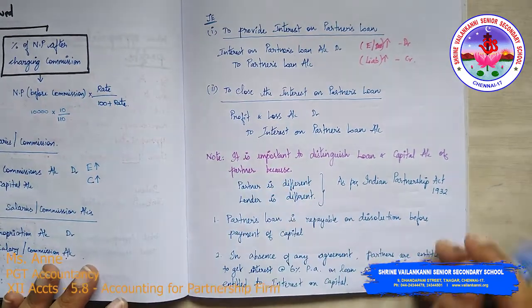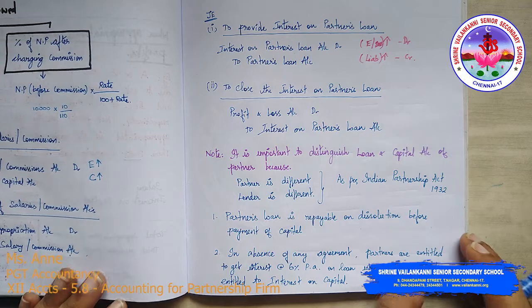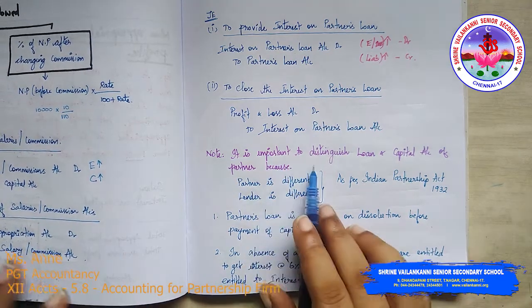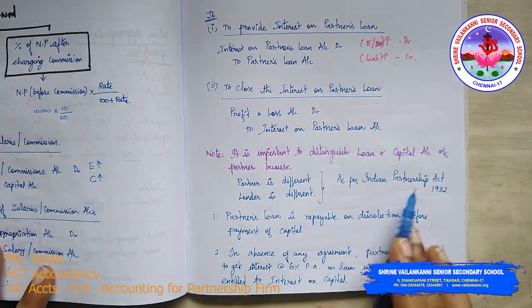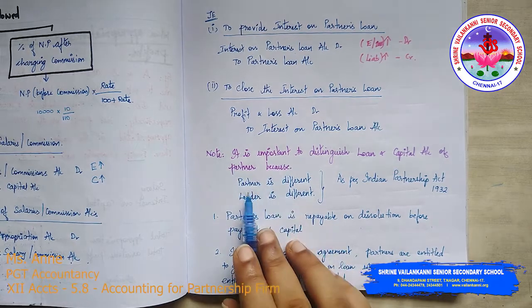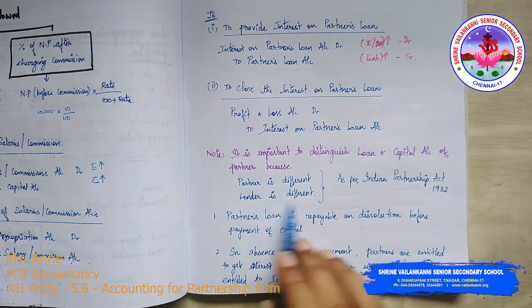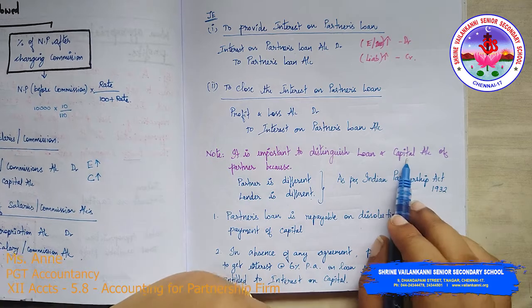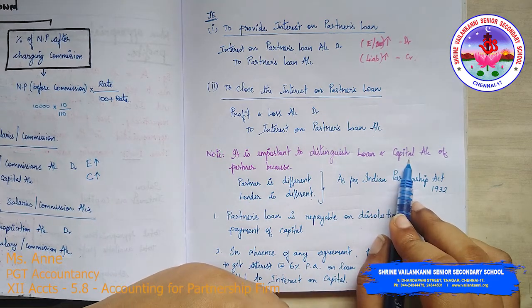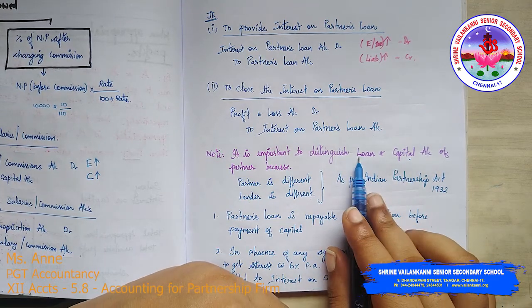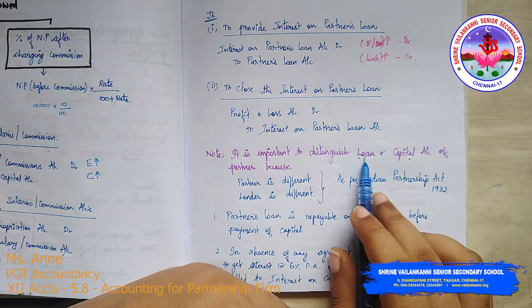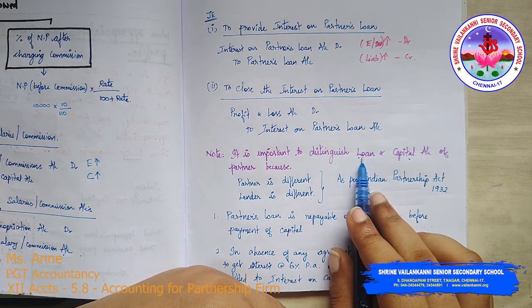And one more important thing that we need to understand clearly. It is important to distinguish loan and capital account of the partner, because partner is different, lender is different. When partner is providing capital, he is acting as an owner. When partner is providing loan, he is acting as a lender, who is a creditor of the particular business.